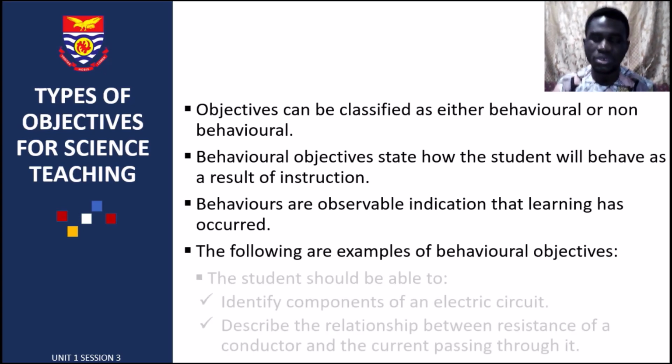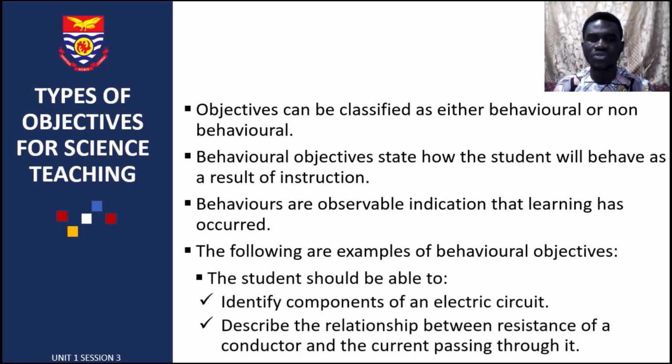And these are some examples. So let's look at these examples. The student should be able to identify components of an electric circuit, describe the relationship between resistance of a conductor and the current passing through it. Now let's take note of the action verbs that were used in these two examples as we look at non-behavioral objectives.